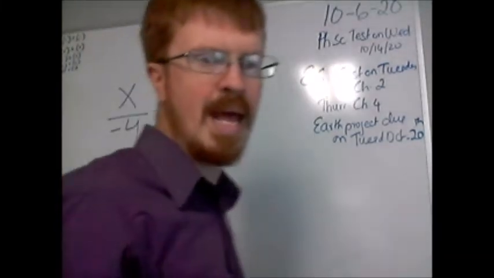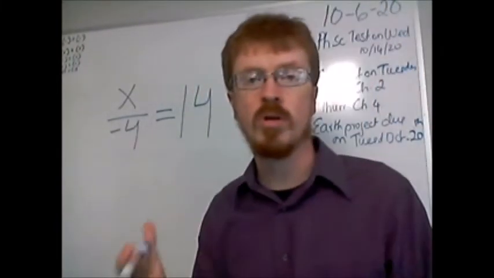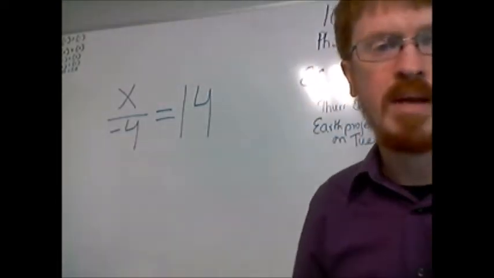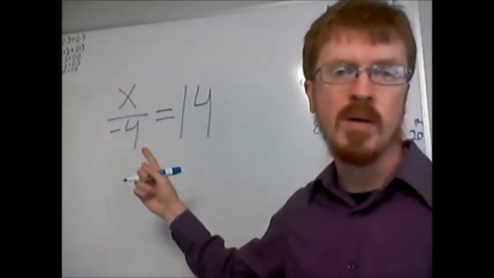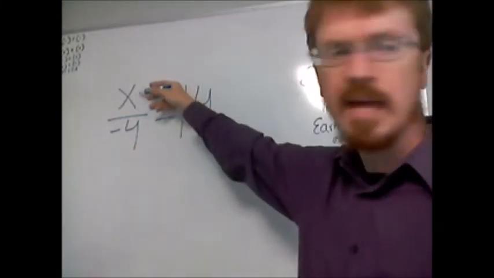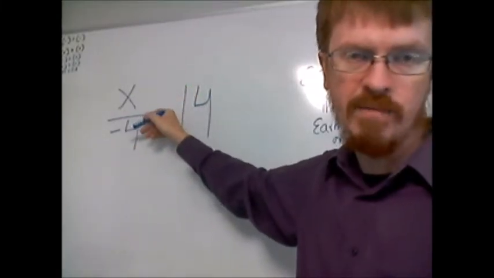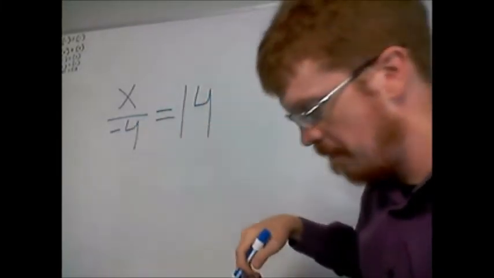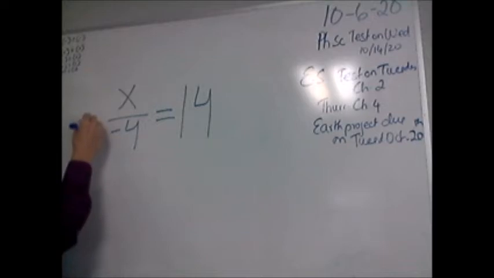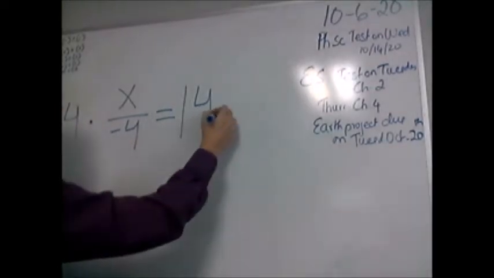Now, you cannot use addition or subtraction opposites because there are no addition or subtraction problems here. But this is x divided by negative 4, and multiplication is what you do to undo that. In order to undo the division, you have to do multiplication. Multiply both sides by negative 4.